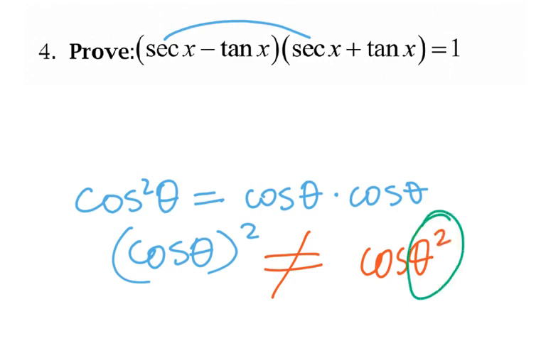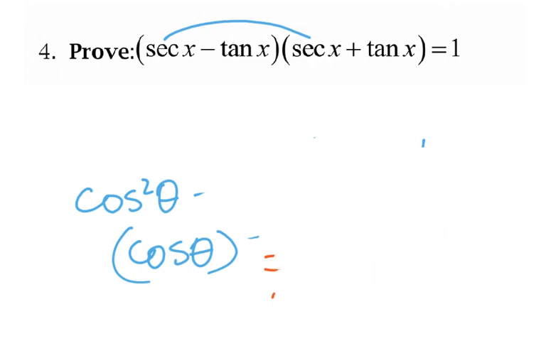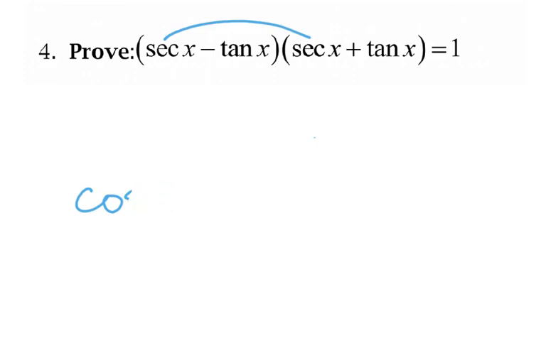That one means you're taking the input and squaring it and then taking the cosine, so it's an order of operations issue. On all of these other ones, you're taking the cosine of the input and then multiplying it by the cosine of the input, and so that's two different things. When we talk about cosine squared theta or tangent squared theta, we're talking about the cosine or the tangent or the secant or whatever being squared, not the theta.